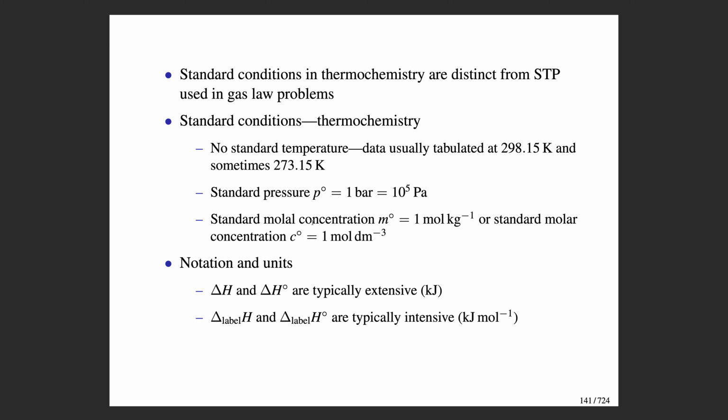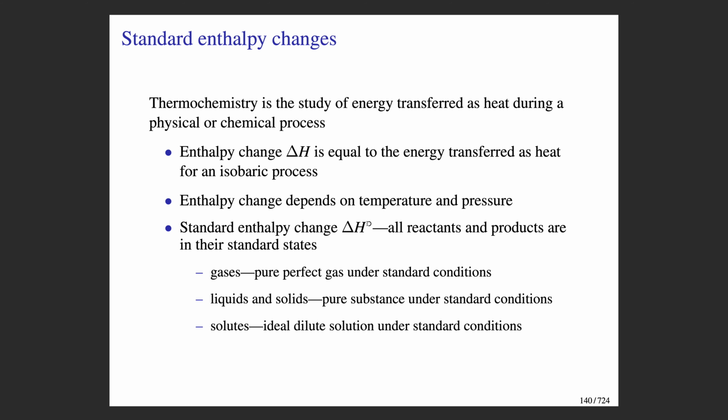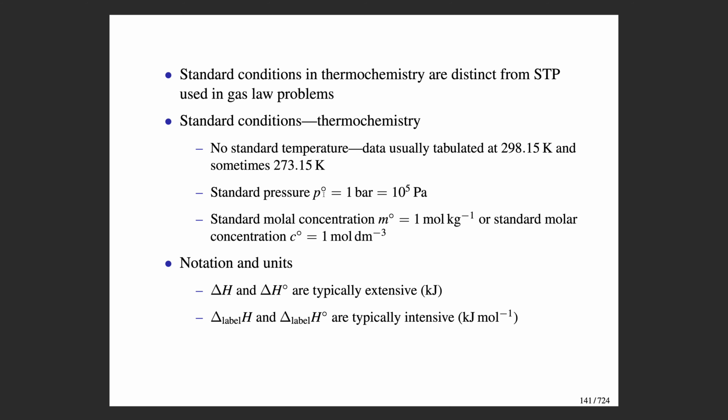Now there is a standard state pressure, and in thermochemistry, that's a pressure of 1 bar or 10 to the 5th pascals. And you may have noticed on the previous slide where I wrote the delta H with the little circle in the superscript. That superscript circle denotes the standard state conditions. So the standard pressure is 1 bar.